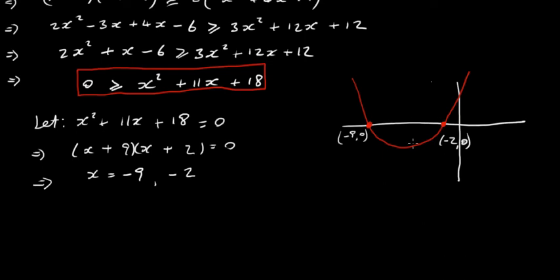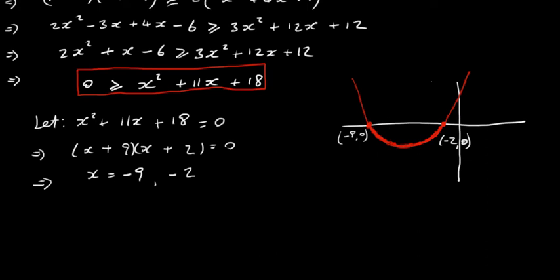We want it to be less than or equal to 0. Well, all these points here have y coordinates that are less than or equal to 0. So we want all of these points here on our graph. But the question actually asks us to solve this inequality, which means we've got to find what x is. We've got to find the range of values of x that gives us these points here.